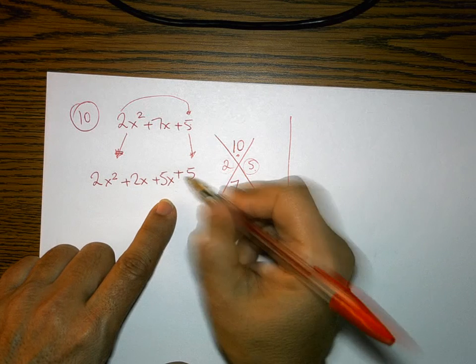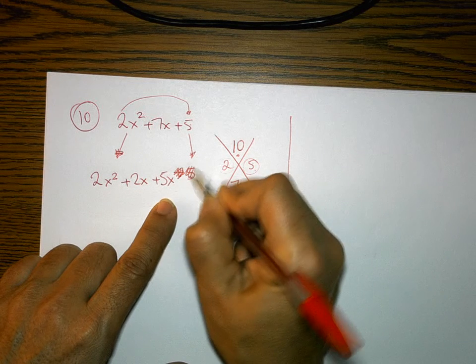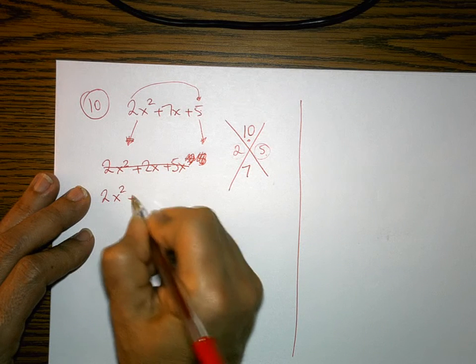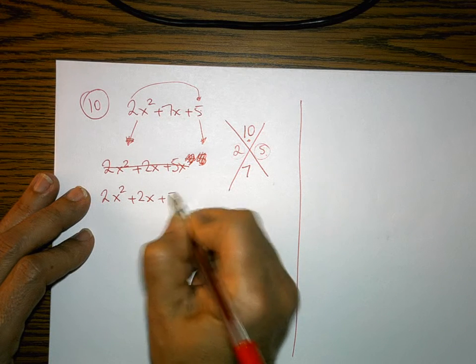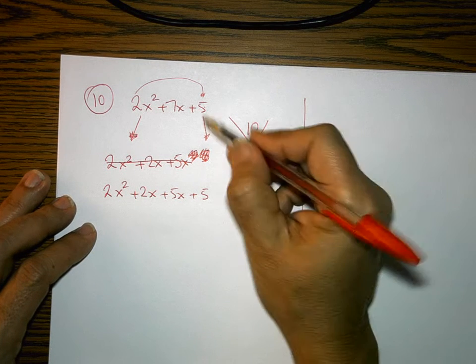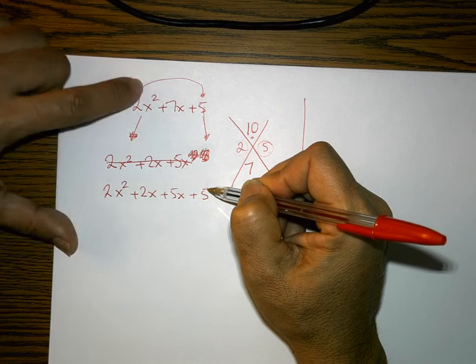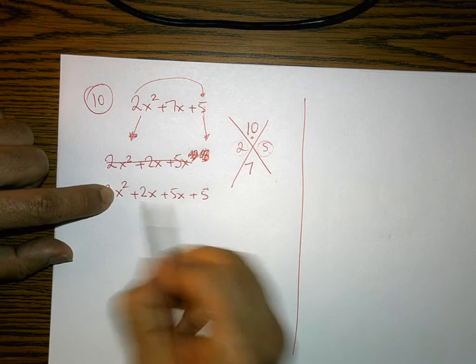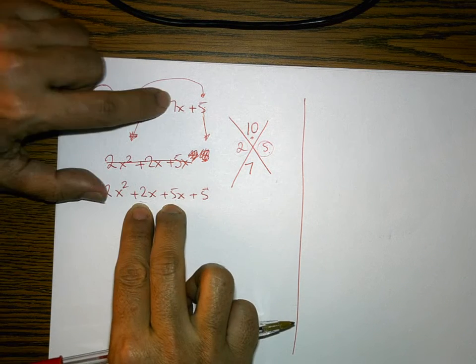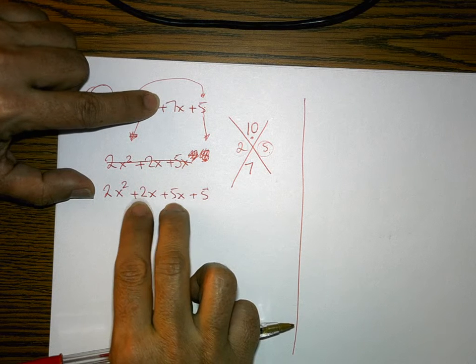Let me rewrite it. 2x squared plus 2x plus 5x plus 5. There we go. So sorry. So we rewrote the last term, we rewrote the first term, and the middle is a combination of our factors. And they do add up to a 7x. I see that. Okay, 2x plus 5x equals 7x.